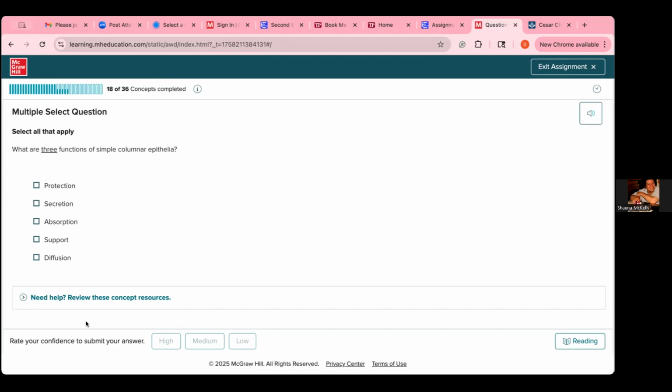The three functions of simple columnar epithelia: absorption, secretion, and protection.